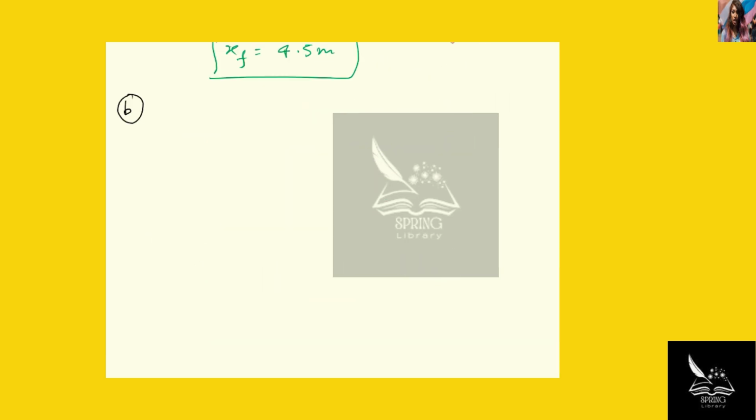In the next part we have to calculate the velocity at time 3 and 9 second. So the formula is final velocity v is equal to u plus at. According to this, at t equals 3 second, velocity will be equal to the initial velocity 6 meter per second plus minus 1 into 3.